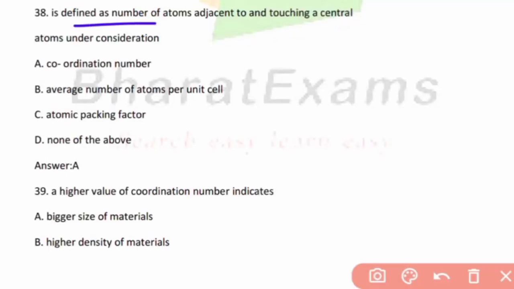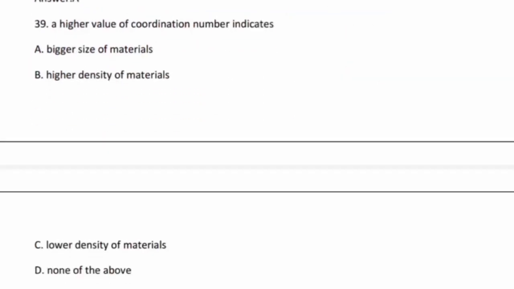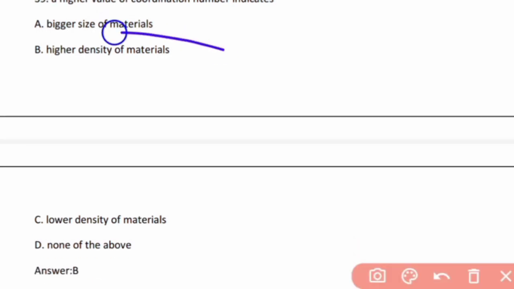Coordination number is defined as the number of atoms adjacent to and touching the central atom under consideration. A higher value of coordination number indicates option B, higher density of materials.